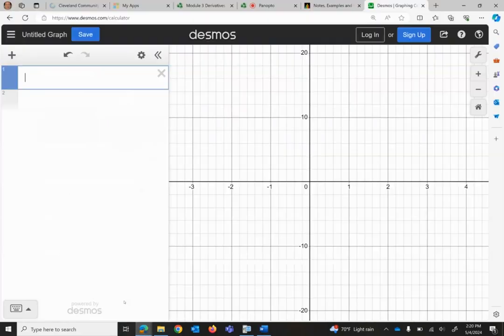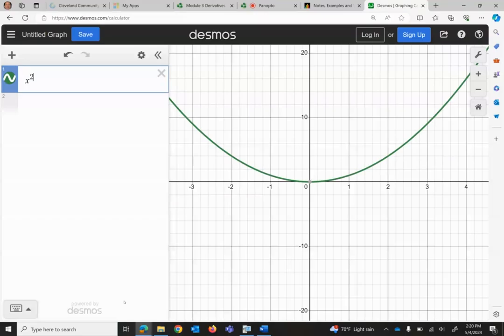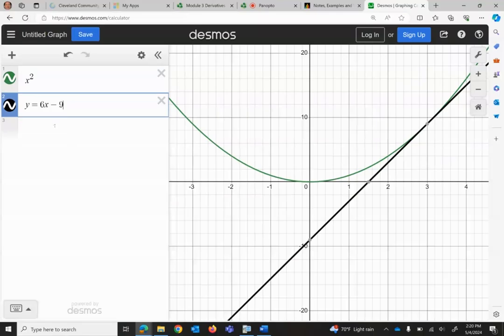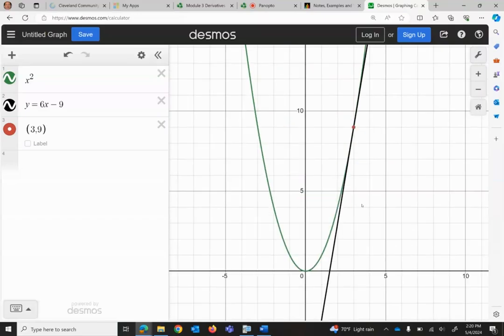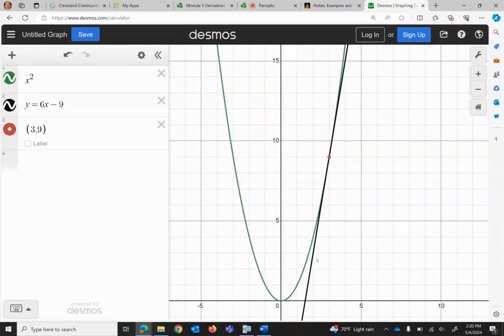Graphically, what this is showing is we have our x squared and we have our tangent line.